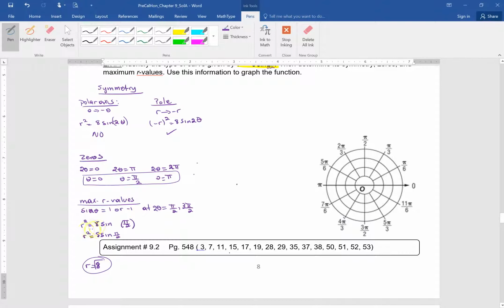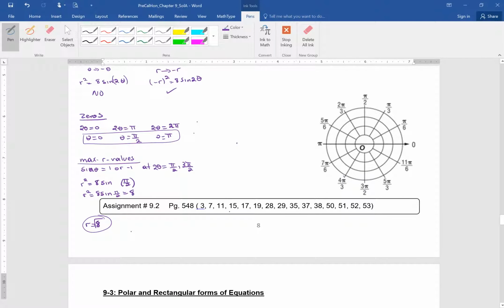Okay, so here we say, all right, then r squared is 8 sine pi over 2, which means r squared is equal to 8, because sine of pi over 2 is 1. So r then is the square root of 8.